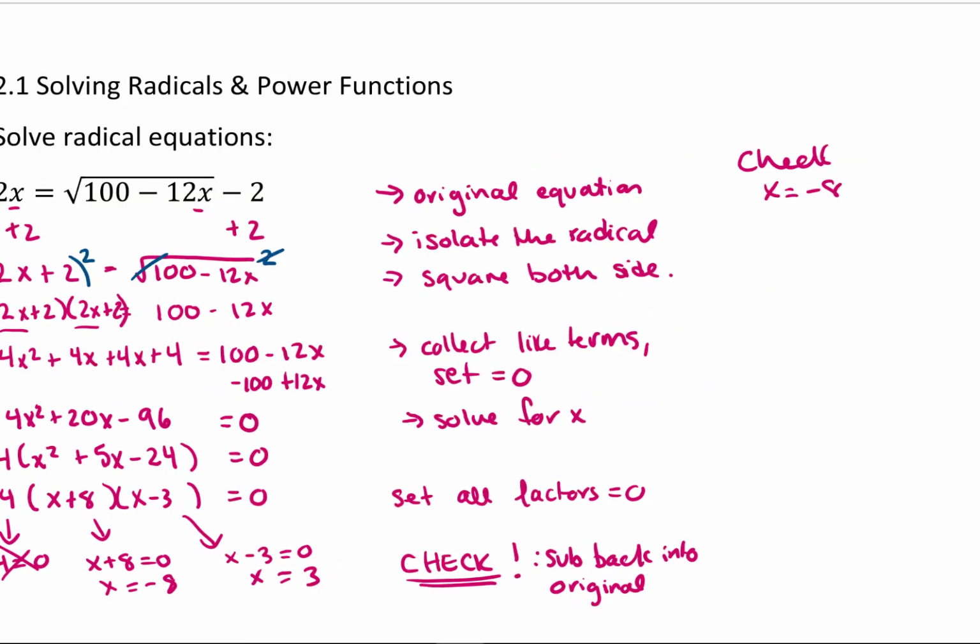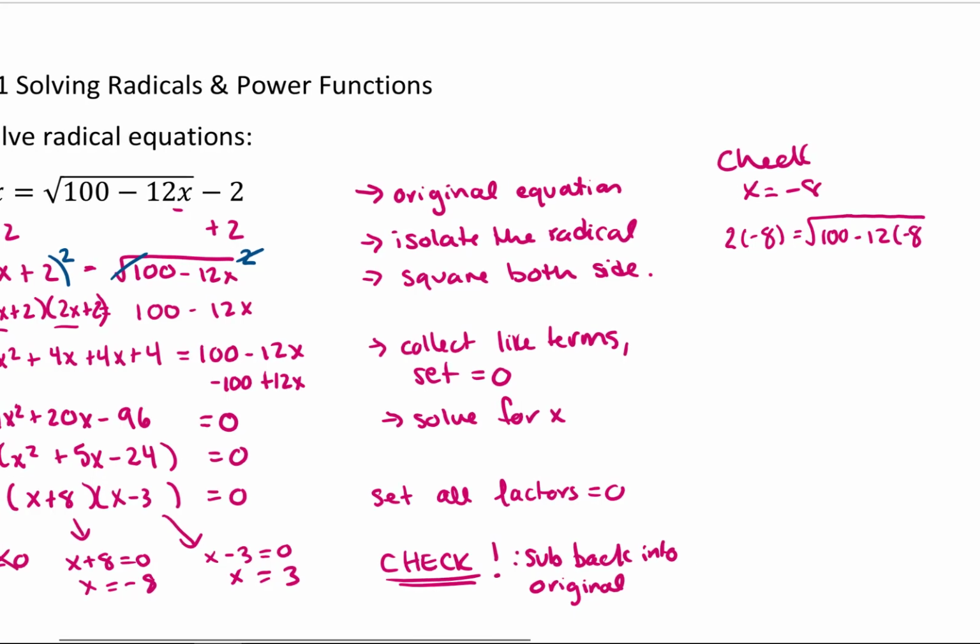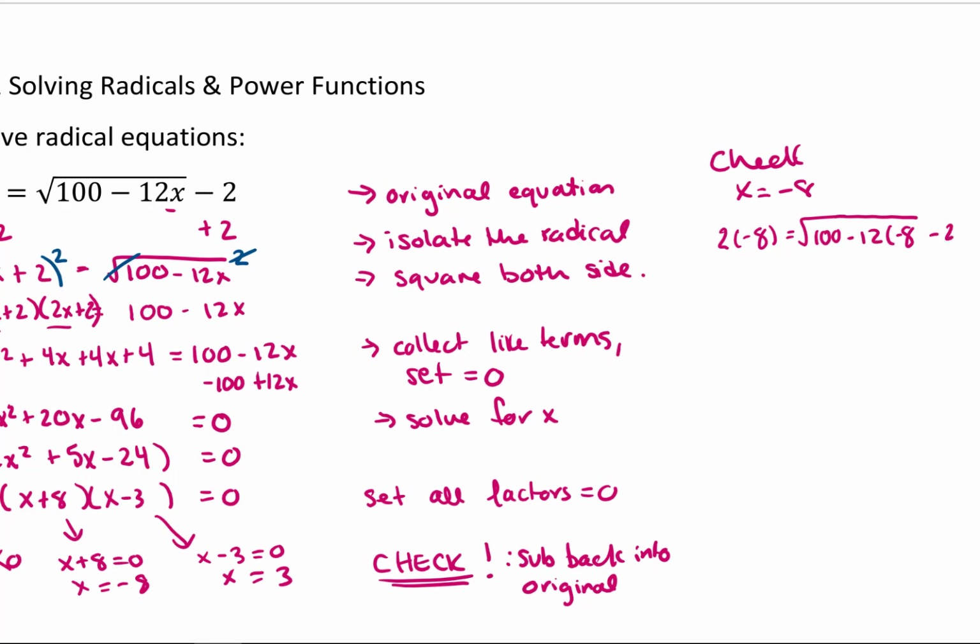So I'm first going to check x is equal to negative 8. So 2 times negative 8 is equal to the square root of 100 minus 12 times negative 8, minus 2. The left-hand side simplifies to be negative 16.